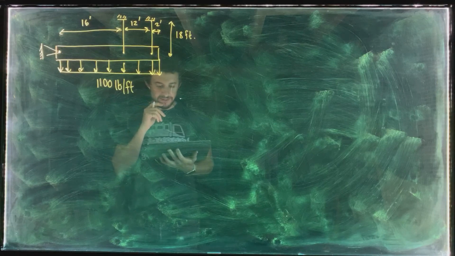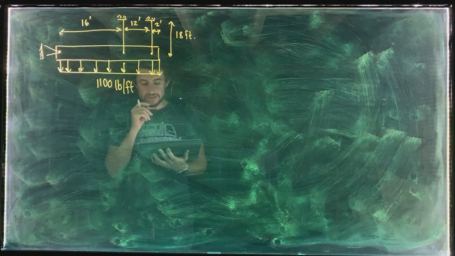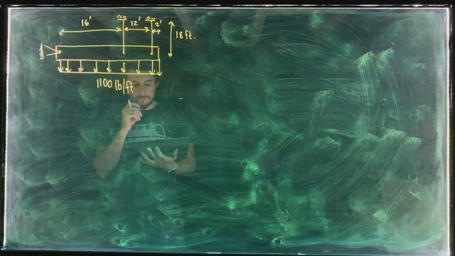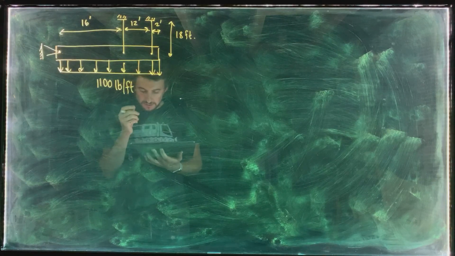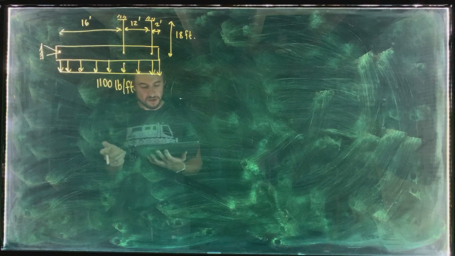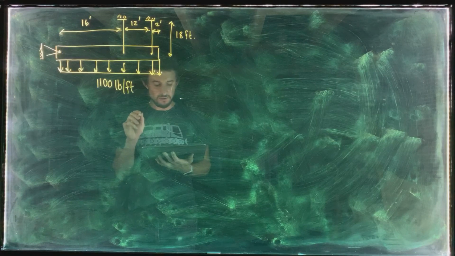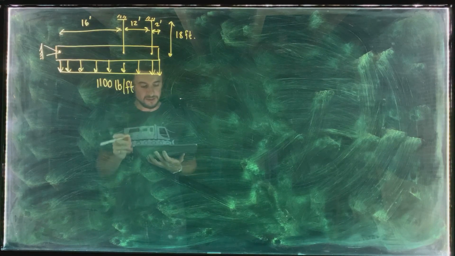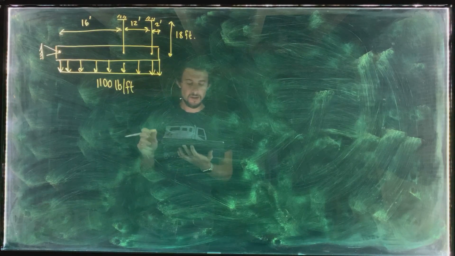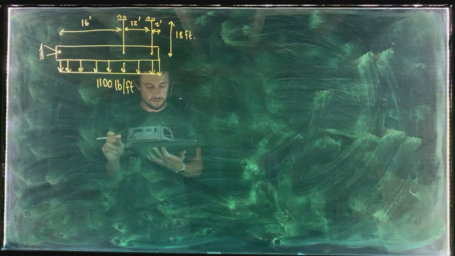So in place of the second steel cable, a cable of equal diameter, 7/8 of an inch, but made of 2014 T6 aluminum was used. This was assumed to be an acceptable design alteration because 2014 T6 aluminum is stronger than A36 steel, which was the material originally called for, right? It's got a greater yield strength, and you can check the material property tables. That's true. 2014 T6 aluminum has a significantly greater yield stress than A36 steel.